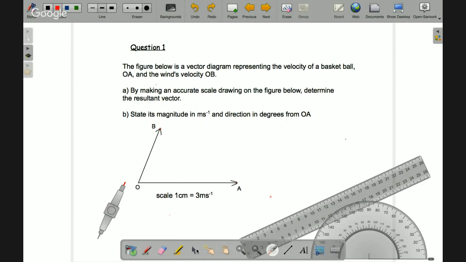And the way we're going to do it is by using the compass, placing the point at O. We open the compass to the width of the line, right?